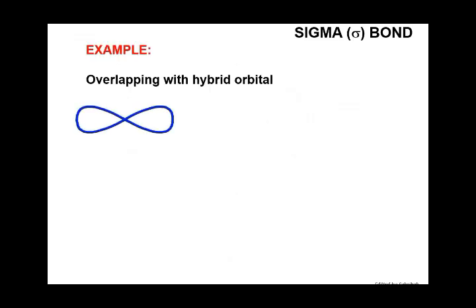Overlapping with hybrid orbital. Let's say we have an sp hybridized orbital that will overlap with pure 3p, also end-to-end, and the overlap will produce a sigma bond.